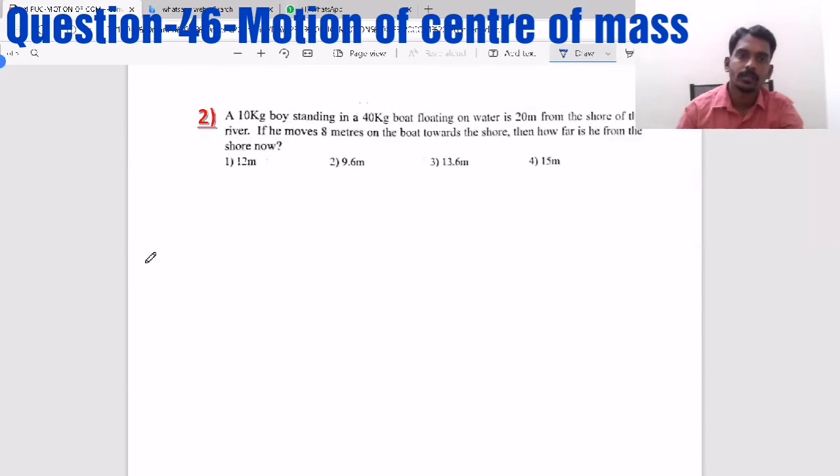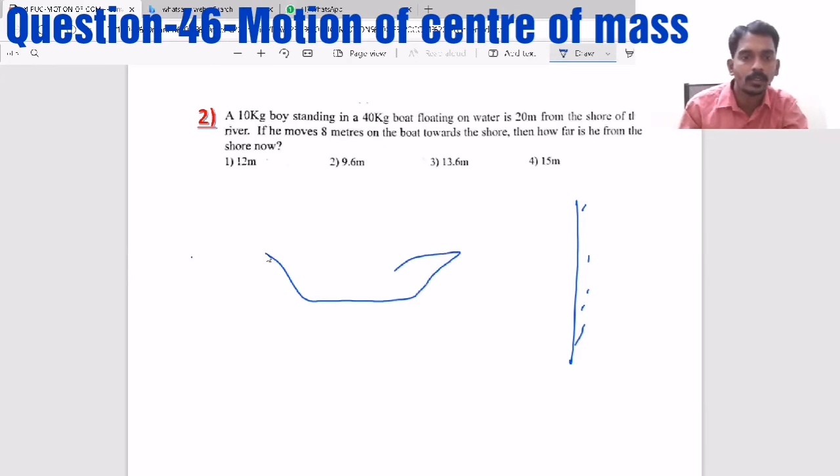Now the next question. A 10 kg boy standing in a 40 kg boat on water is 20 meters from the shore. Let's take this as the shore. Just consider, one boat is there.